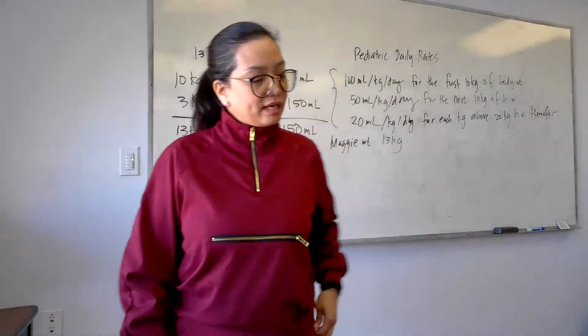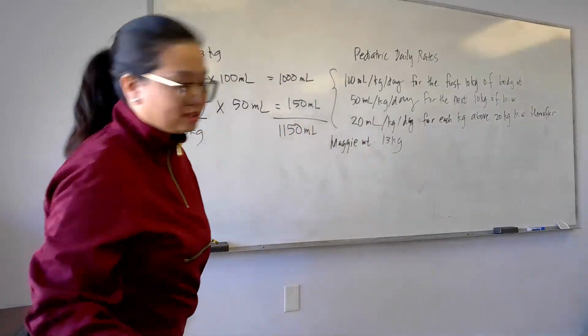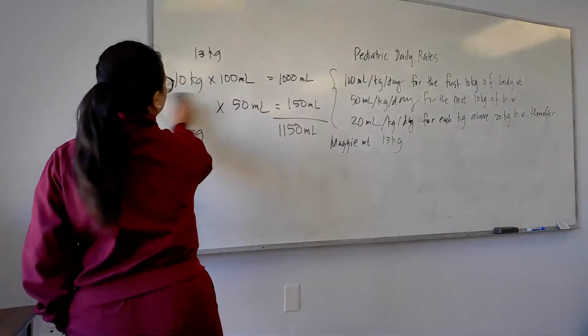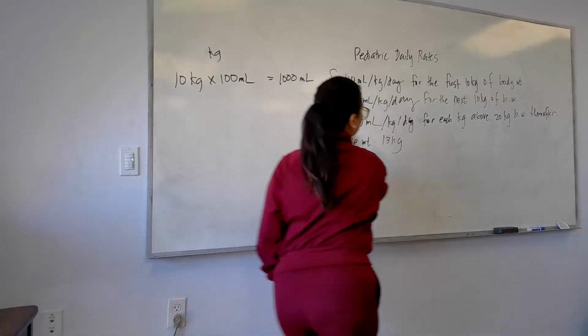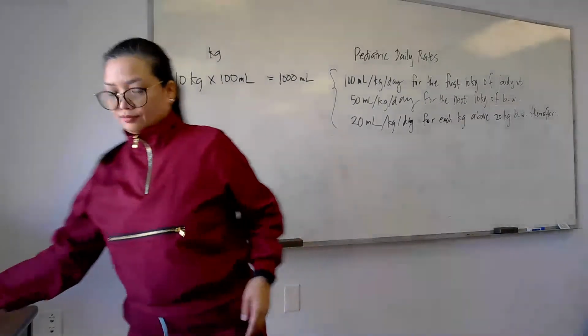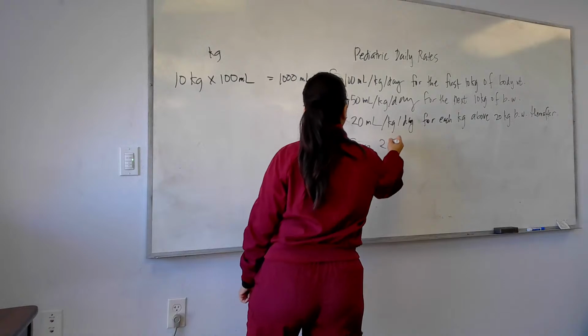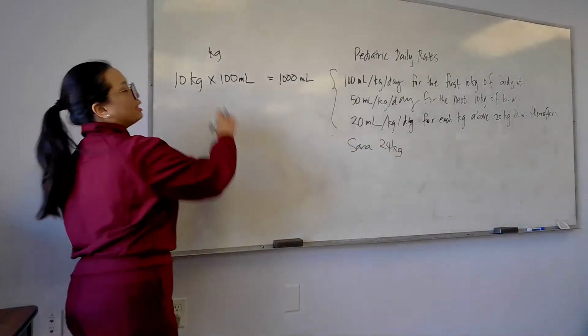Next one. Sarah weighs 24 kilograms given these specific conditions. So how are we going to do it? Okay, for your patient, Sarah is 24 kg. How do we do this first? First 10.